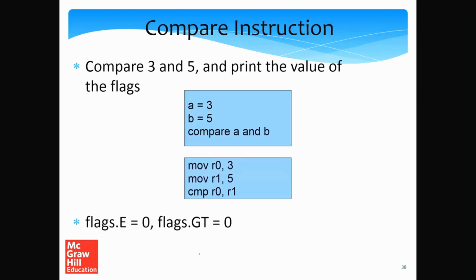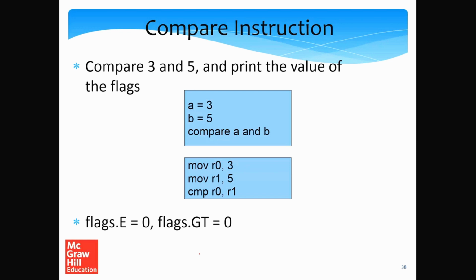Now let's take a look at the compare instruction. The compare instruction is different. It's a different concept. It's not there in high level languages. So let's say we want to compare 3 and 5, and we want to write the value of the flags.